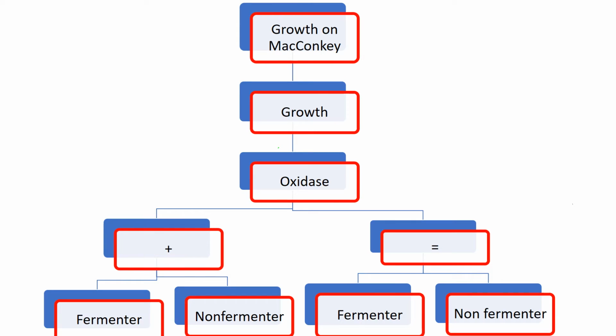So you will have two groups of organisms here based on the oxidase reaction. There will be oxidase positive that are fermenters and oxidase positive that are non-fermenters. And on the other side, you will have fermenters that are oxidase negative and oxidase negative non-fermenters.